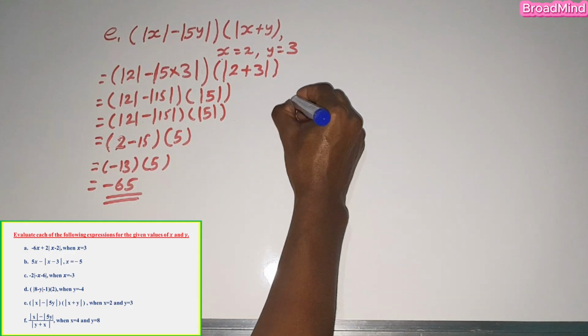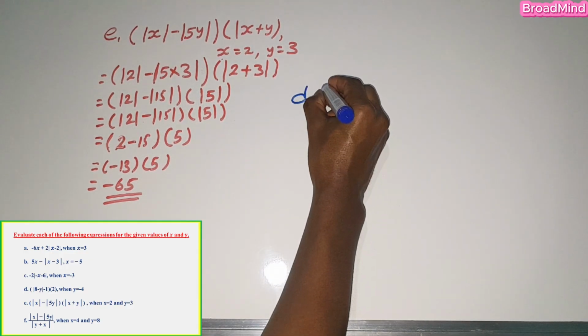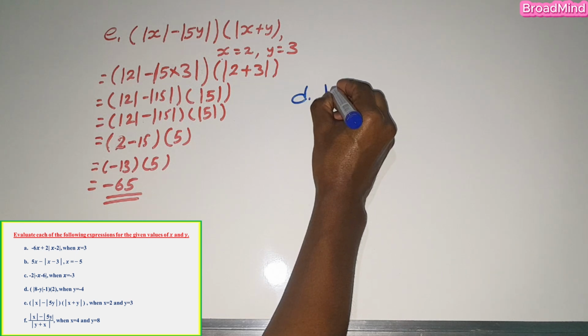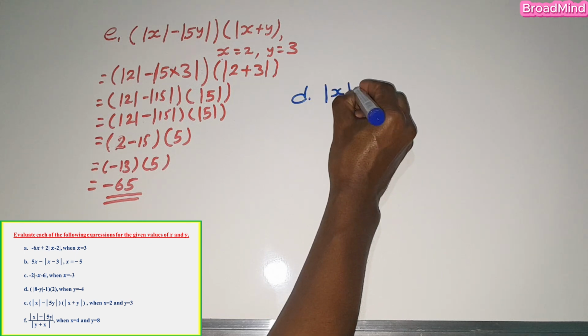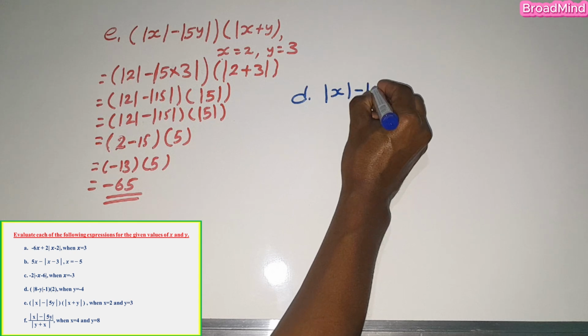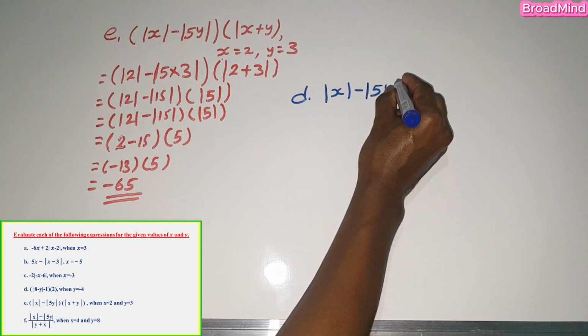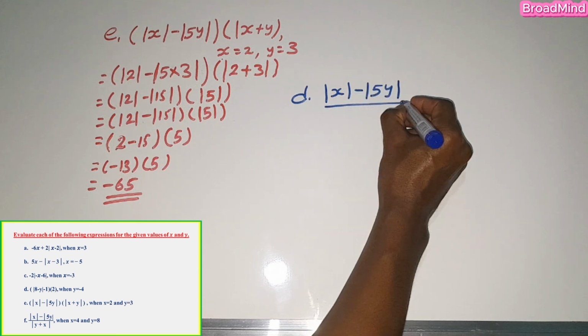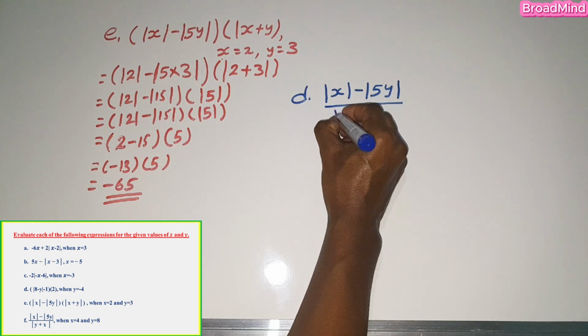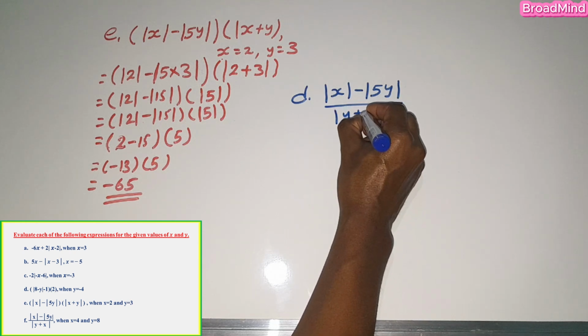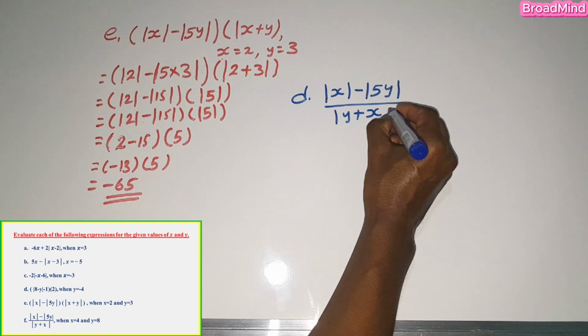Now D, absolute value of x minus absolute value of 5y, the whole divided by absolute value of y plus x.